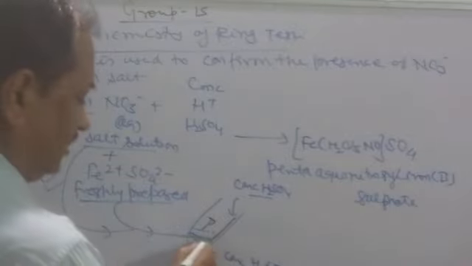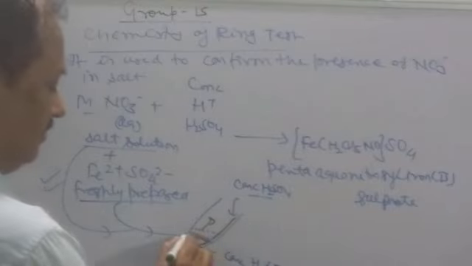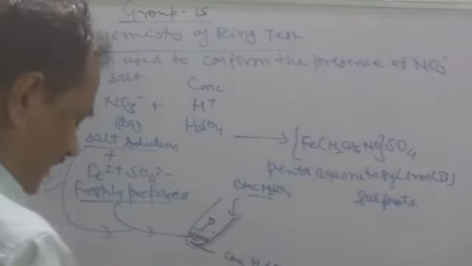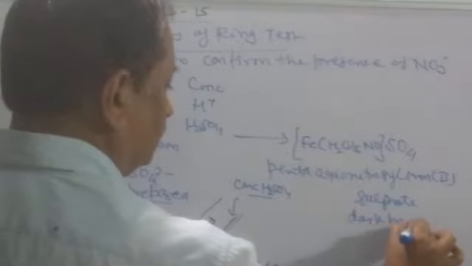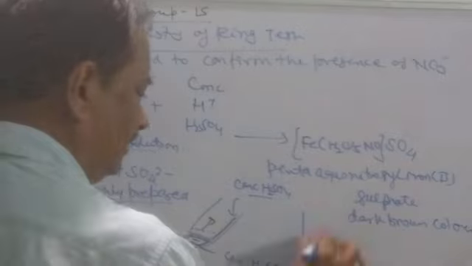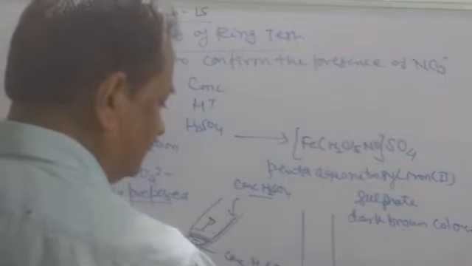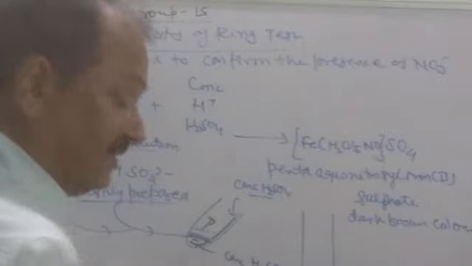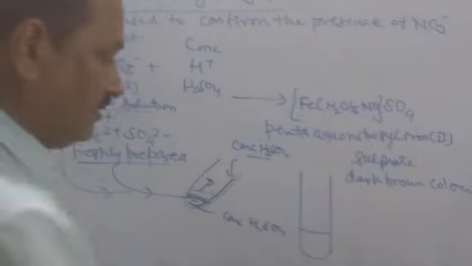But here there will be the dark browning of this compound. This compound has a dark brown color. If we draw it like this in the test tube, we'll have this type of condition.